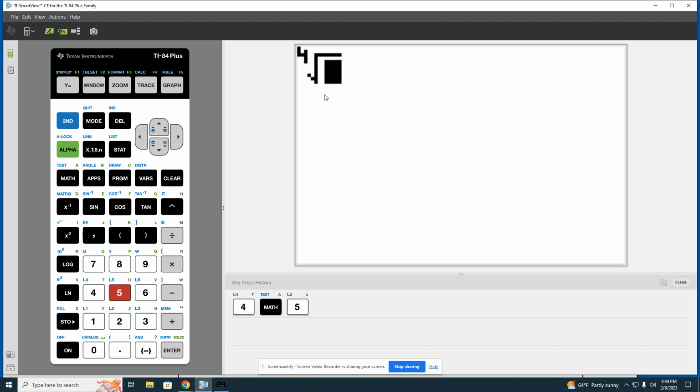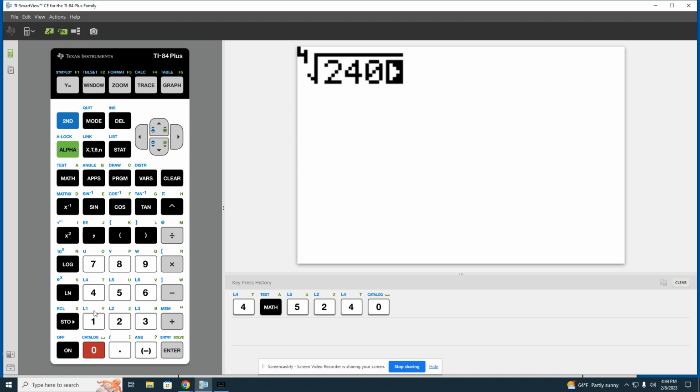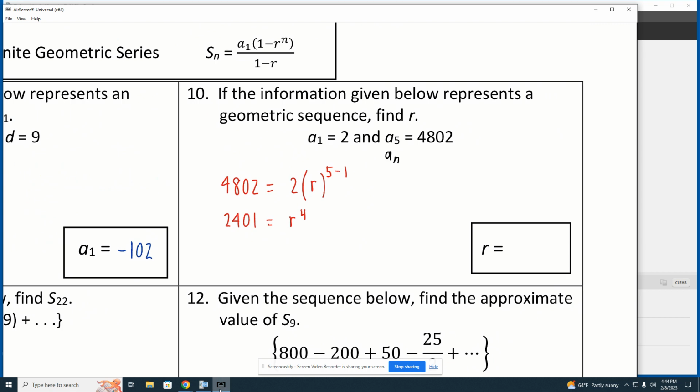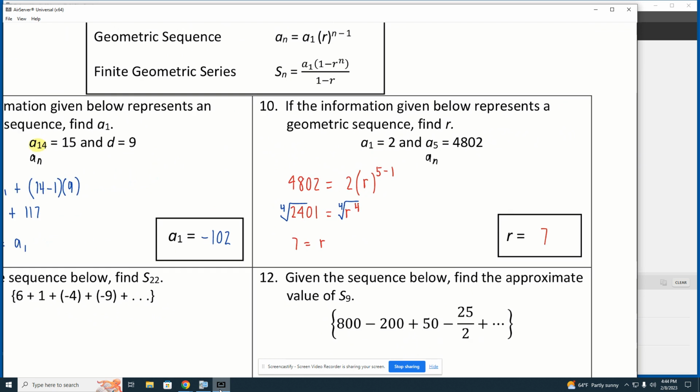So 4th root of 2401. So that's exactly how I do this problem. I had to get r alone, and I do that by getting rid of the 4th power. So I take the 4th root. Well, the 4th root of 2401, like we just got in our calculator, was 7. So r equals 7. And number 10 is done.